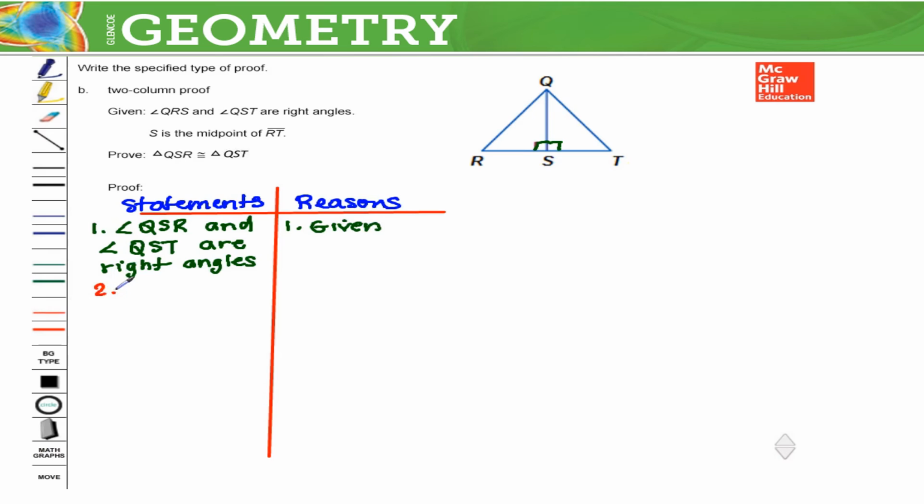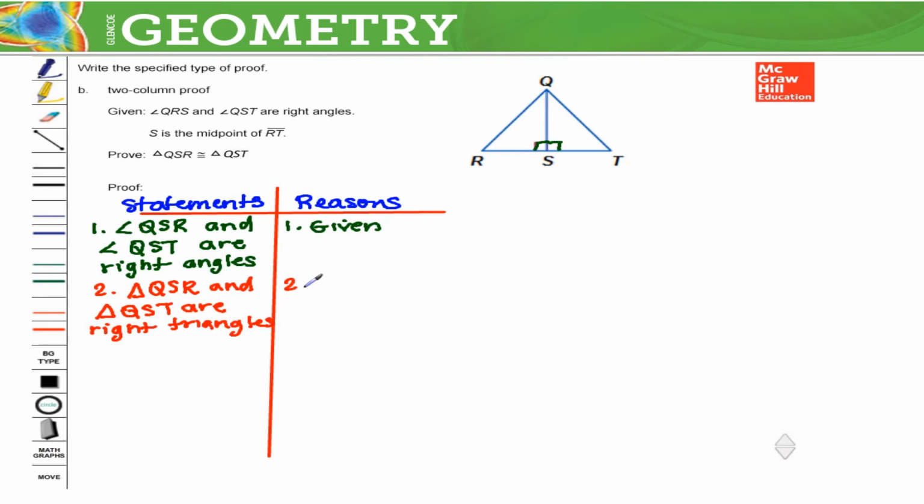Statement 2. Triangle QSR and triangle QST are right triangles.